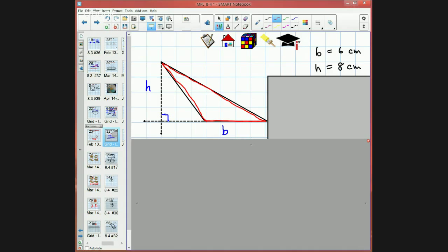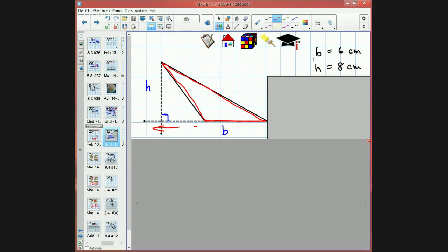Well, then how am I going to get base and height? I don't see anything perpendicular. And the answer is you can extend a side. You see how I made B longer coming out to the left here. And then I just went as far as the opposite vertex so I could put a perpendicular up there. Now I've got B and H.